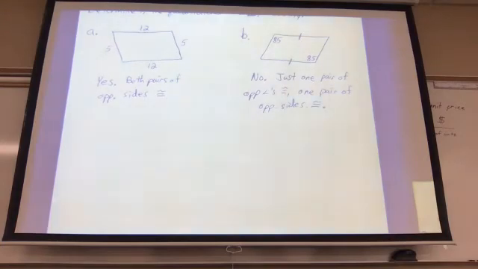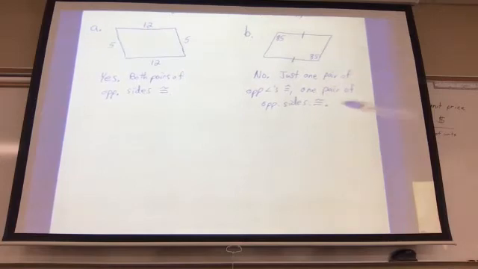So as long as you're saying something along the lines of it doesn't have enough to make it a parallelogram, your justifying part will be good. All right, before I move on from this one, any questions with why this one's a no?